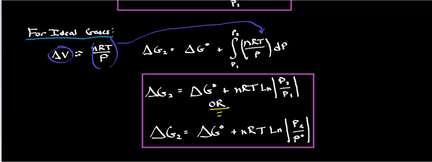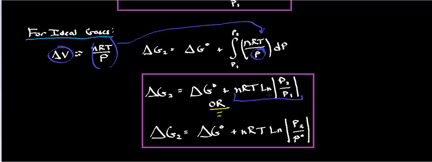That's going to allow me to put this in terms of pressure, and I can just integrate this side with respect to pressure. So I get delta G2 is equal to delta G1 plus the integral from P1 to P2 of nRT over P times dP. When I integrate that, of course, I get this term, which is going to be the natural log of P2 over P1 times nRT.